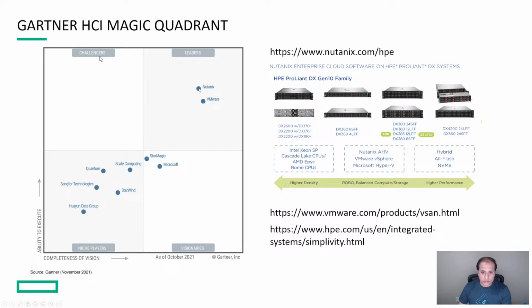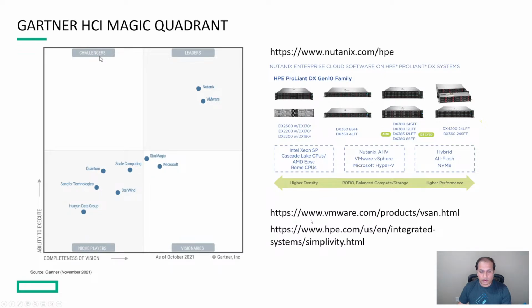Nutanix is at the top. HP also partners with Nutanix, and we have the highest number of Nutanix DX family-based offerings that we offer to customers, from higher density to high performance. So you can choose what kind of service you want to deploy.